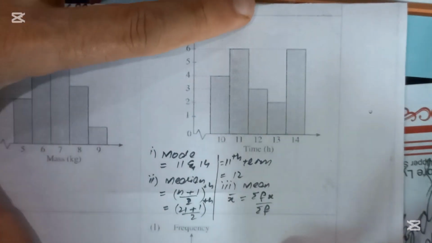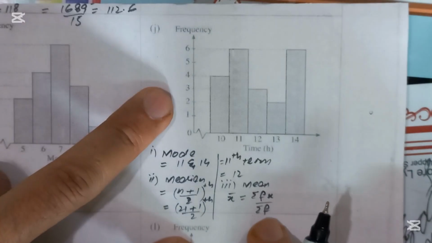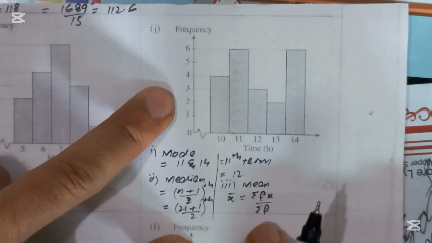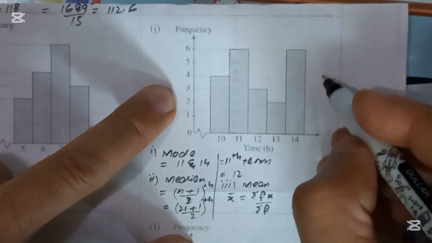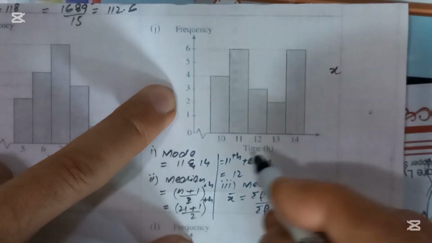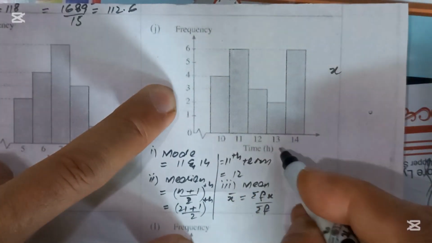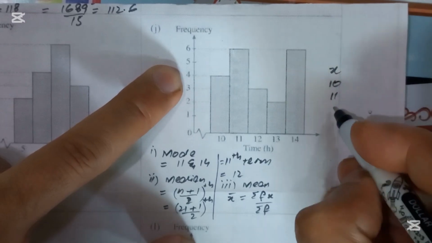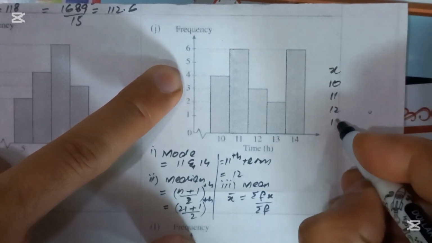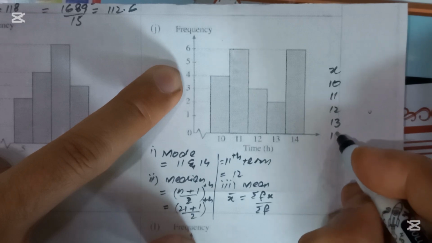So it means we have to draw a table of x, f and fx. So here is x, values are given 10, 11, 12, 13, 14.